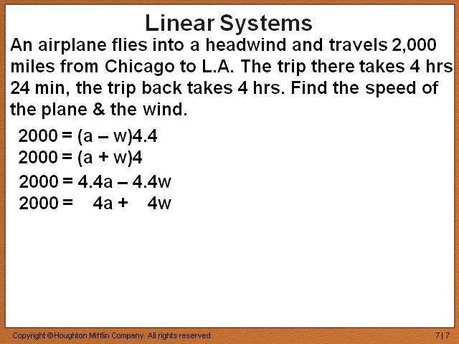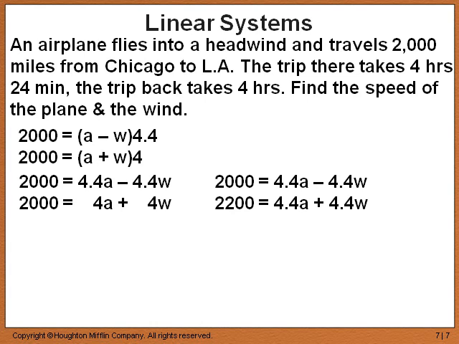2000 equals 4.4a minus 4.4w. 2000 equals 4a plus 4w. All I did there was multiply it out. Then 2000 equals 4.4a minus 4.4w. 2200 equals 4.4a plus 4.4w. All I did to the second equation is multiply each side by 1.1.